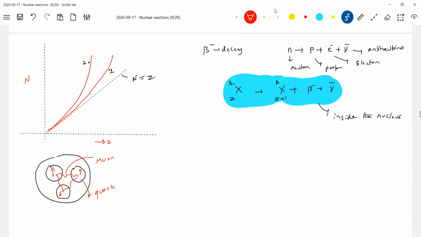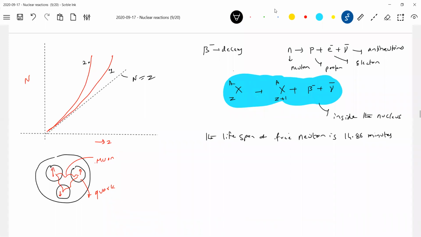These neutrons, outside the nucleus, are unstable. What is the lifetime of a neutron outside the nucleus? Around 14.3 minutes. I'm saying free neutron. What do you mean by free neutron? One which is outside. The average lifespan of a free neutron is about 14.8 minutes.